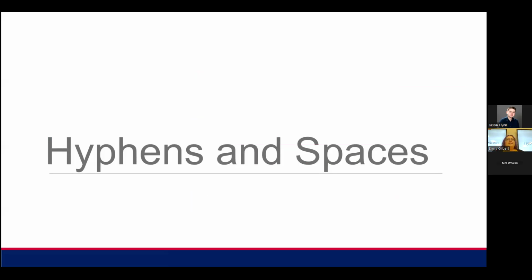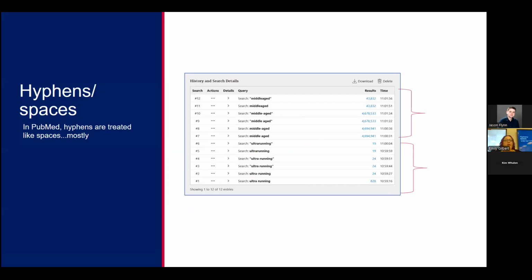Another thing that can cause issues is hyphens and spaces. So in PubMed, hyphens are treated like spaces most of the time. Again, this is really small on my screen, so bear with my extreme close-up here. But if we look at ultra running with the hyphen and with the space, they're the same.